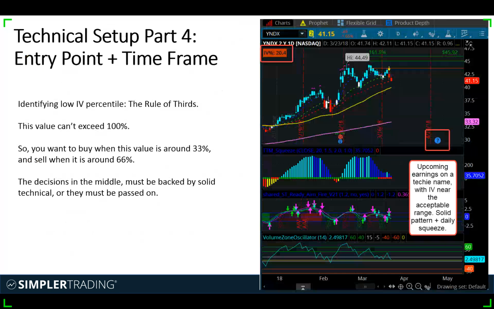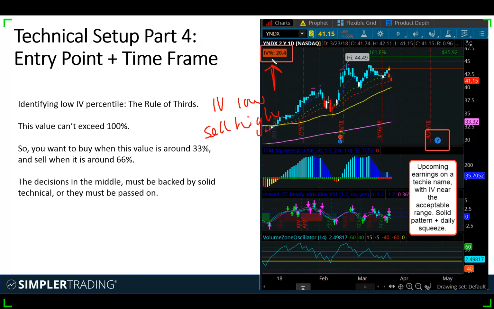So entry point and time frame, identifying low IV percentile, the rule of thirds. We do have this available to members on our site. It's an IV percentile indicator. I don't know, Henry, you're better at explaining this than I am, but basically the IV can only get so high, right? So what we're doing is we're looking to buy the IV when it's low and sell it when it's high.